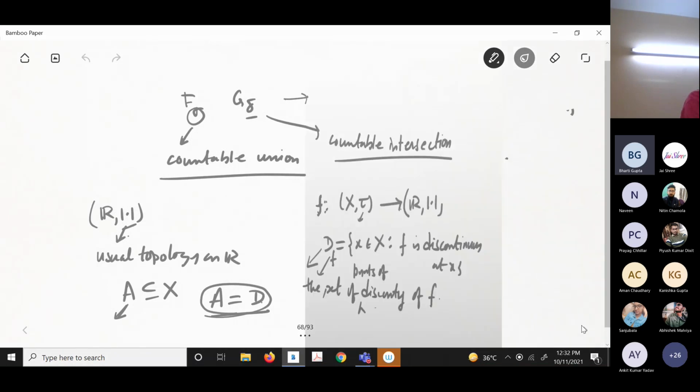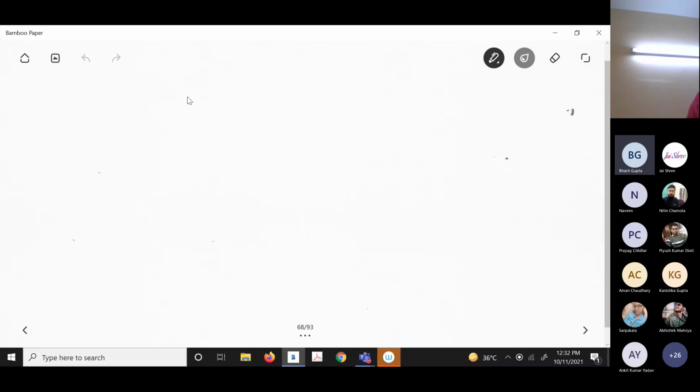Like here, I have taken X with its topology tau equal to this. I'm considering, for example, the simplest case. So you have a function from here.